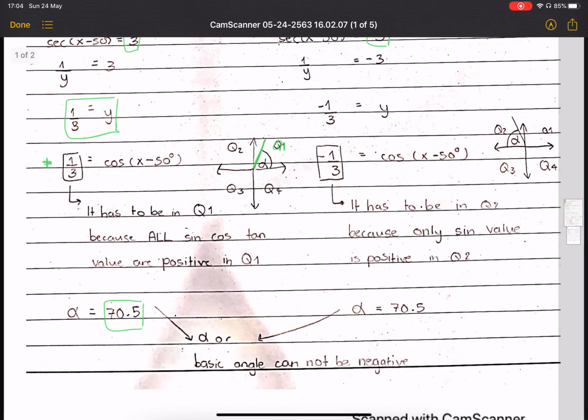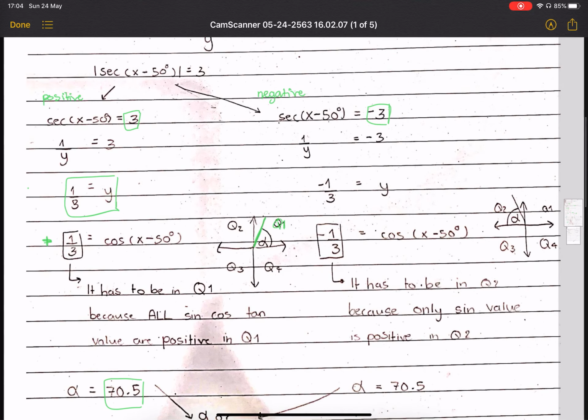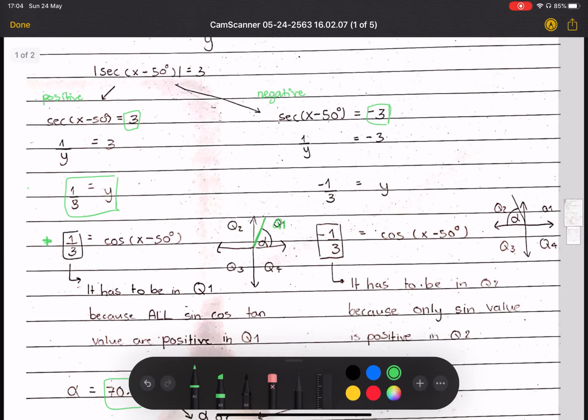Next, let's see the negative value, if sec x minus 50 is negative. So 1 over y will be equal to negative 3, and we will multiply y by both sides, then divide negative 3 by both sides, so we will get negative 1 over 3 equal y.